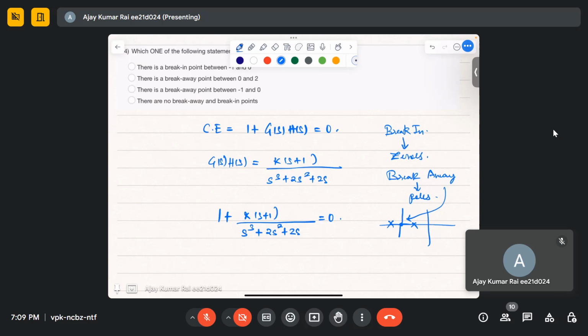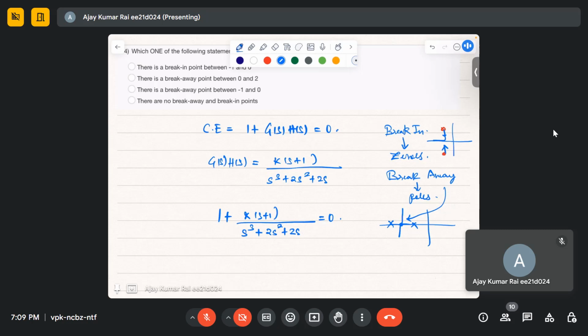And for the break-in point, let's suppose two zeros are there here. Let's assume a hypothetical condition where they are approaching the real axis here.